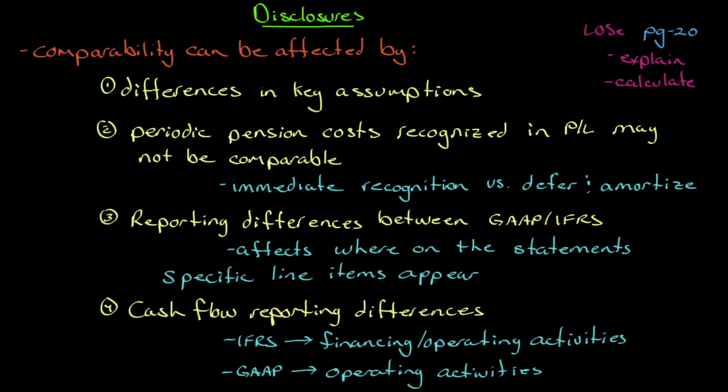All right, let's look at some adjustments for some of the items reported in the financial statements. And we have a couple of big issues that we need to look at to determine how we approach our analysis of these things. Number one, differences in key assumptions. So we can look at a number of companies in a peer group.